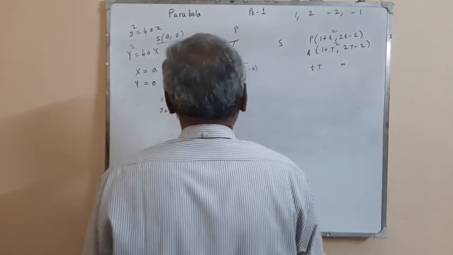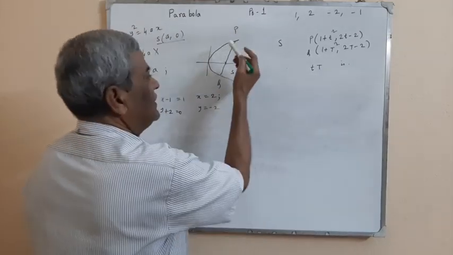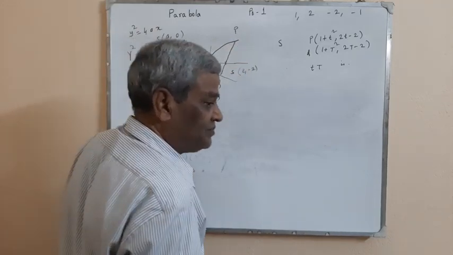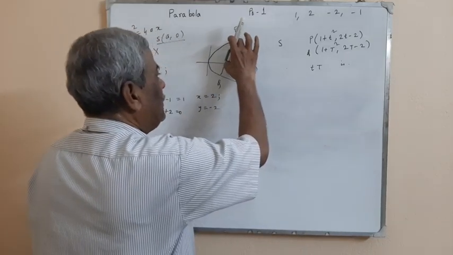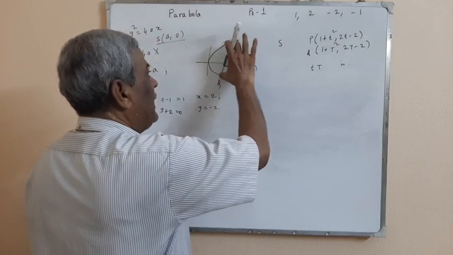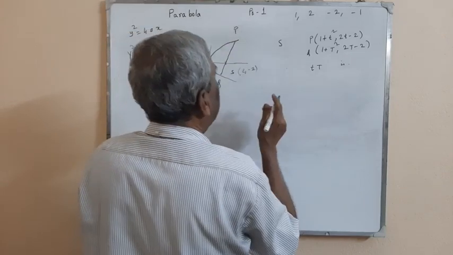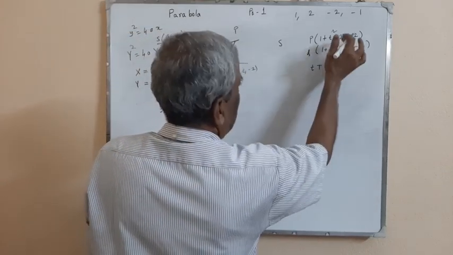It can be obtained from the fact that P, S, Q are collinear. Therefore, the gradient of PS is equal to the gradient of PQ. The gradient of PS, how much? P is this.